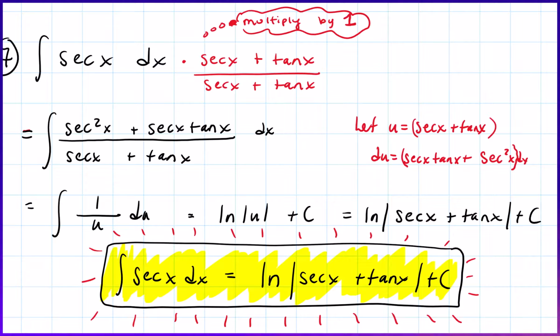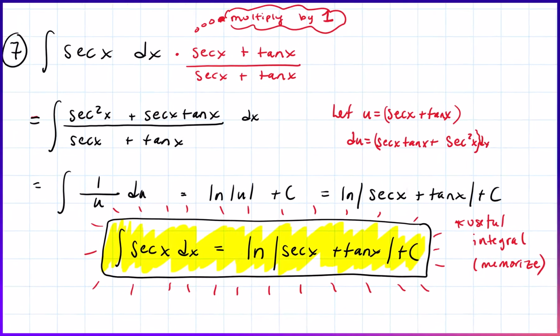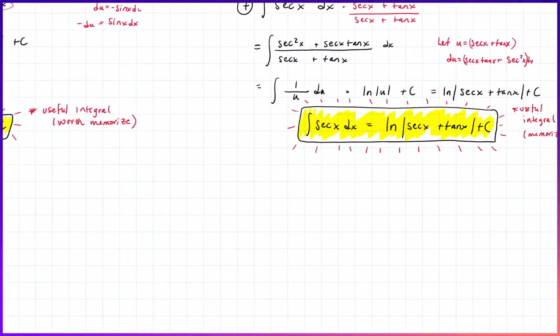So this is a useful integral. And again, I would suggest that we memorize it. It'll save us time in having to prove this or look it up every time we need it. So the integral of the secant of x is the natural log of the secant of x plus the tangent of x. Okay, let's do one more.